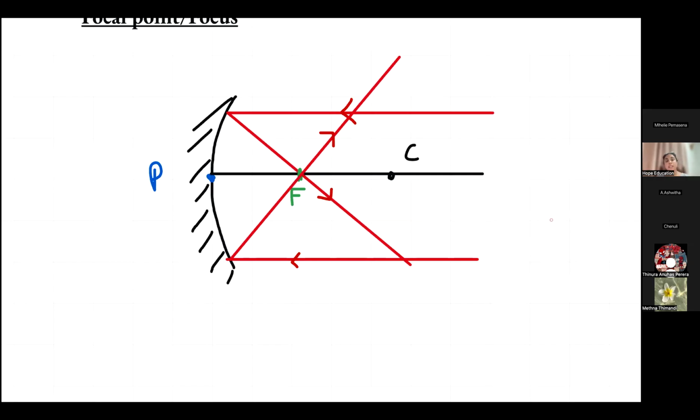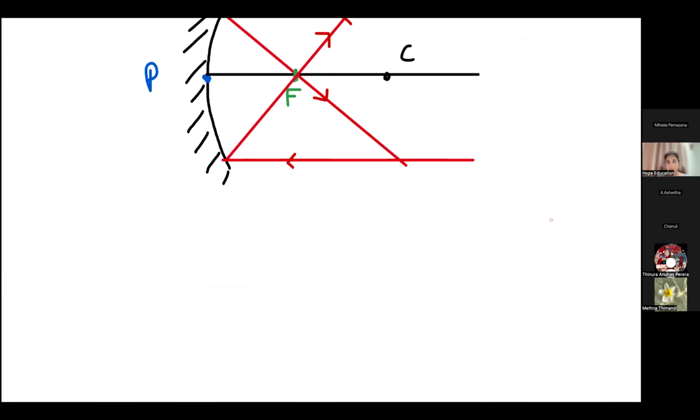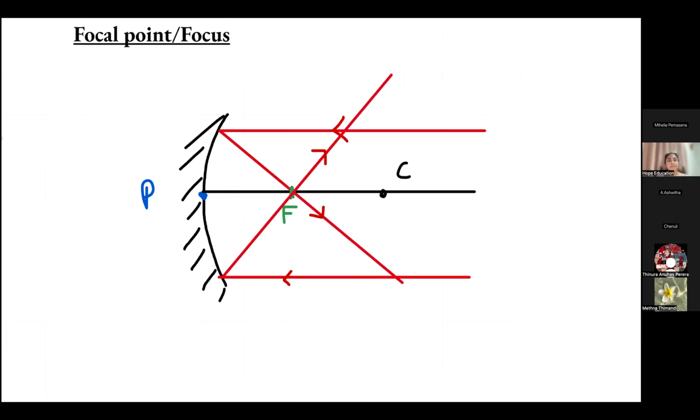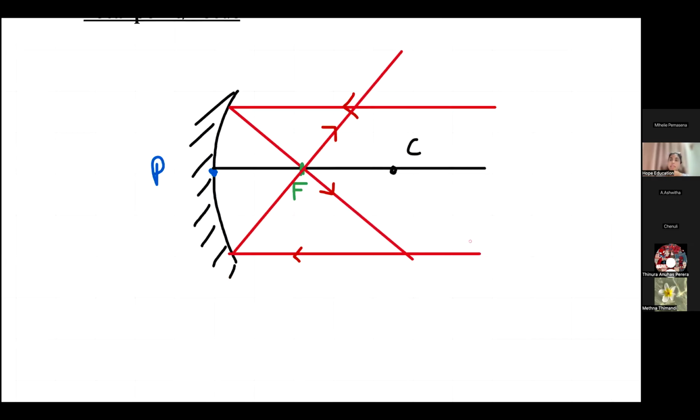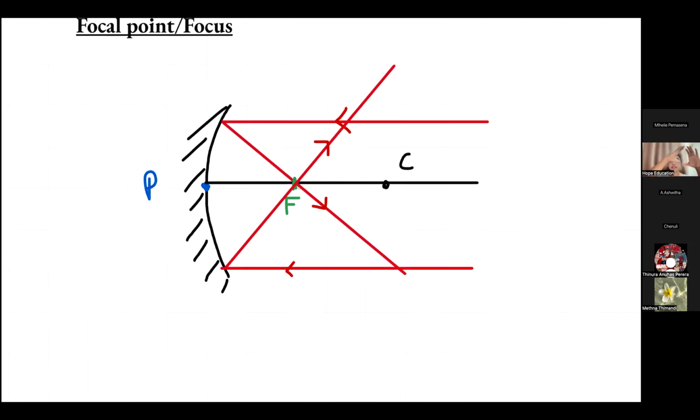Okay. Now this is a concave mirror. Can you draw this fast? Can you draw this? So when parallel light rays come to a concave mirror, they all converge. The point where they meet on the principal axis is what we call the focal point.